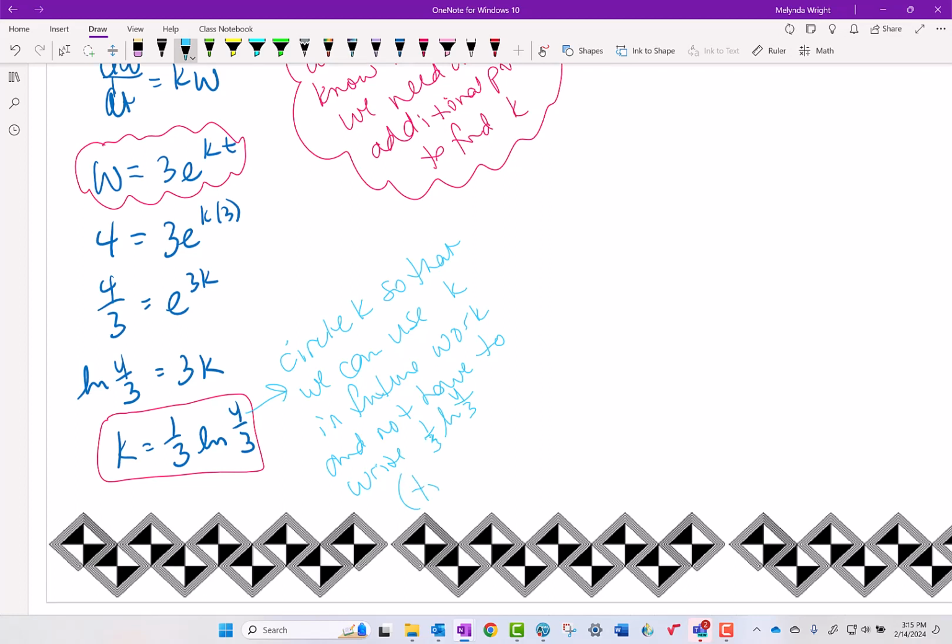So this is a time saver. You do not have to do this. You can totally write, for k, 1/3 ln 4/3.